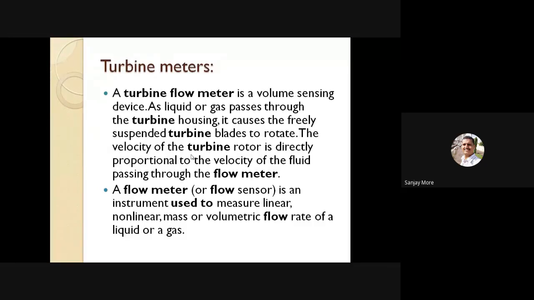As liquid or gas passes through the turbine housing, it causes the freely suspended turbine blades to rotate.